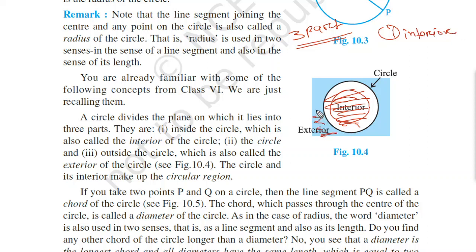These are the exterior parts. And the third part is the circle itself. First part is your interior, second part is exterior, third part is the circle itself.